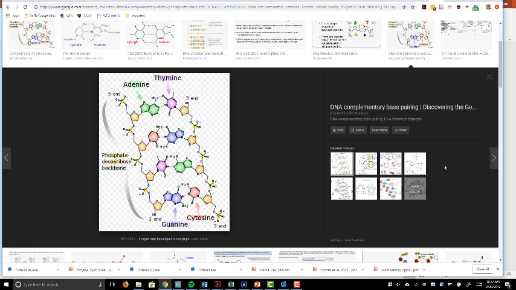We'll come together on it, but I want to make sure we know what the name of that linkage is. And so that should help you see the riboses. Flip them upside down.